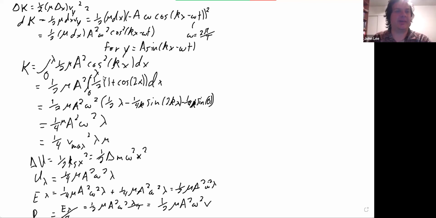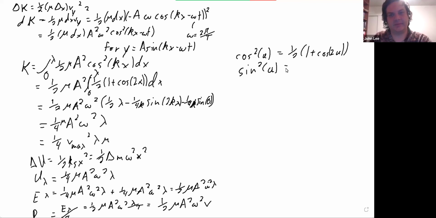So we integrate that from 0 to lambda, and then find 1/2 mu A squared from 0 to lambda times 1/2 (1 plus cosine 2u), because cosine squared of, let's call it u, is equal to 1/2 (1 plus cosine of 2u), and sine squared u is equal to 1/2 (1 minus cosine of 2u).